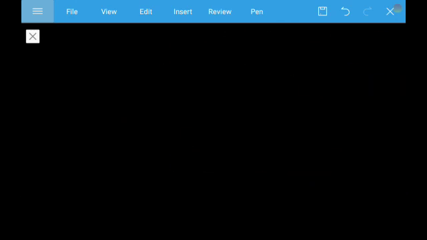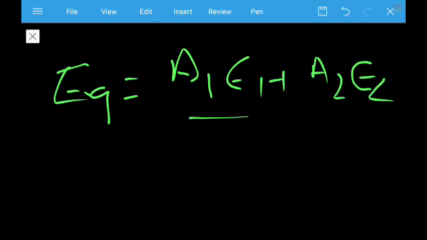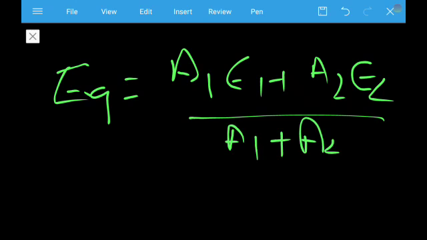Equivalent Young's modulus. E equivalent is nothing new: A1 E1 plus A2 E2 upon A1 plus A2.